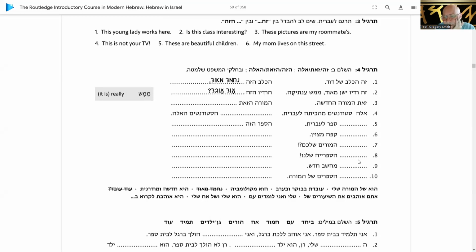All right, number 8, blank Asifria Shelenu. Okay, so the library belonging to us. So this is the library belonging to us. And I'm almost certain that word Sifria is, let's take a look at it here. See, you have to figure out the gender first.